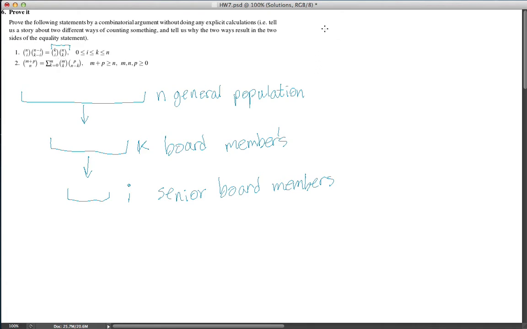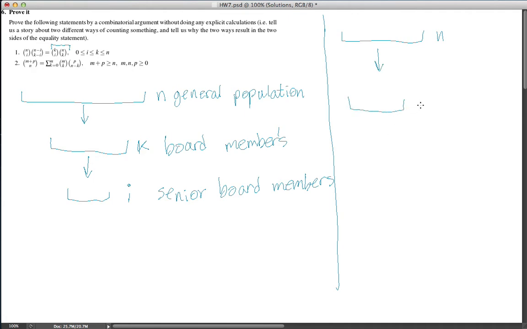Okay, let's see why the other side is also counting the same thing. On the other side we have n choose i, so it's suggesting that we should count it this way. First, without selecting the k board members first, let's select the i senior board members first. Out of our population of n, we directly select the senior board members.